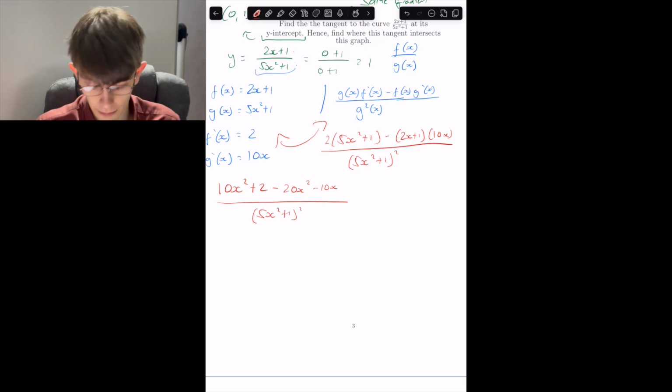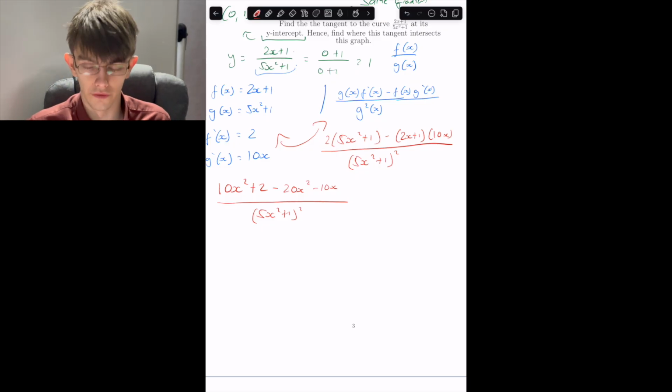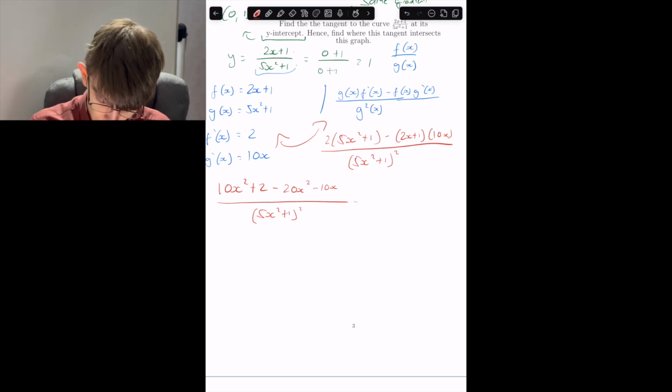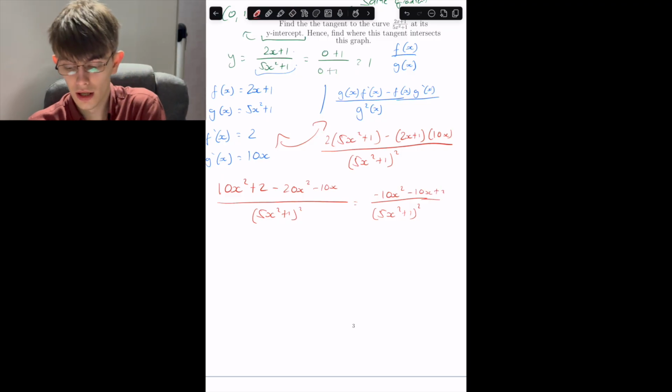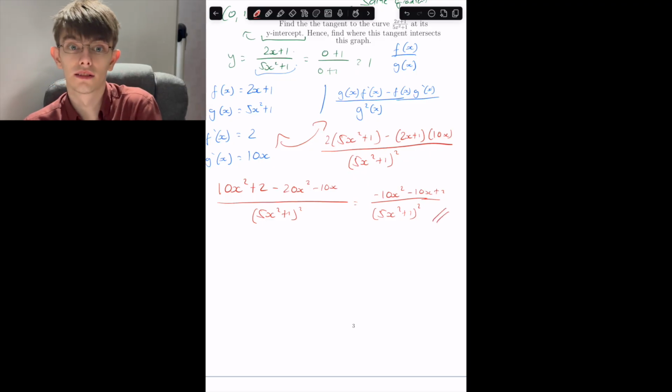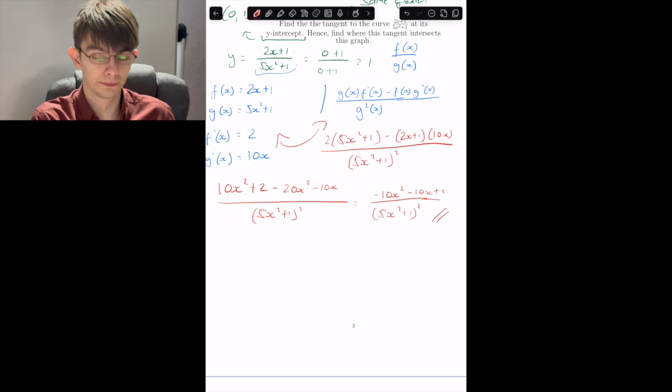Sometimes I may do, but in this case, just looking at the vibe of the equation, I don't think I do. And then let's simplify the top a little bit. What can I do here? Well, I can say that is minus 10x² minus, nope, not minus 20x, minus 10x plus 2. And that is my gradient of this curve, my derivative.